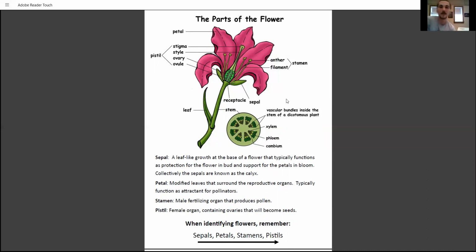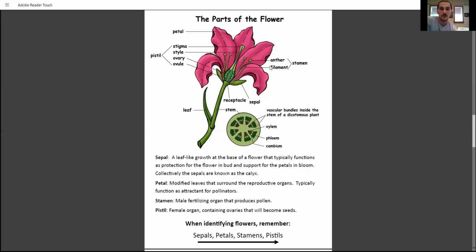The first thing that we can appreciate is all of these specialized structures within a flower, the petals, as we will discuss further, these different male and female parts that produce pollen or collect pollen and move that pollen down into the ovaries for fertilization, for seed production.